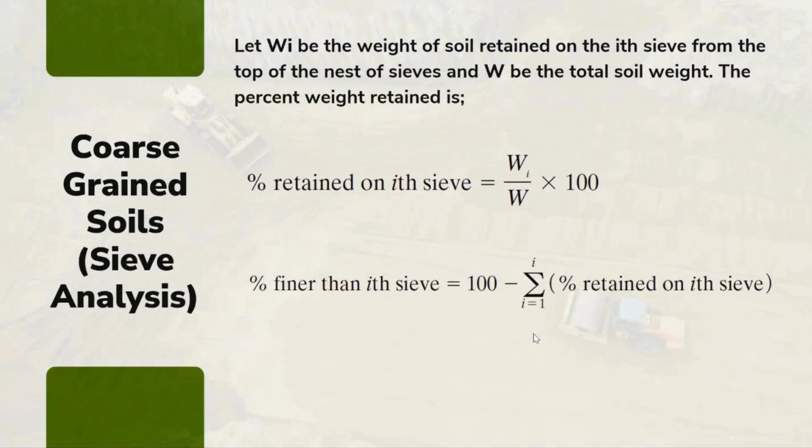Okay, so how do you analyze the result from the sieve analysis is you will use these equations. Okay, before we develop a particle size distribution curve, you need to analyze first. Okay, so we need to consider that Wi is the weight of the soil retained on the sieve.